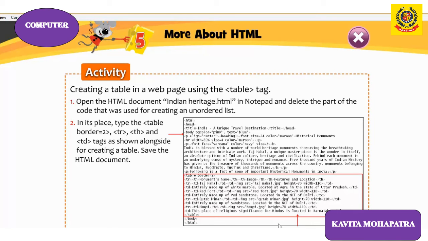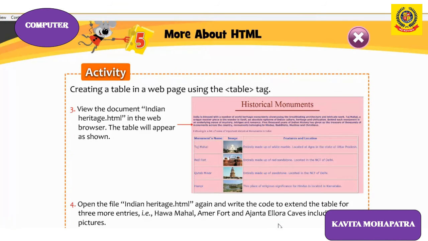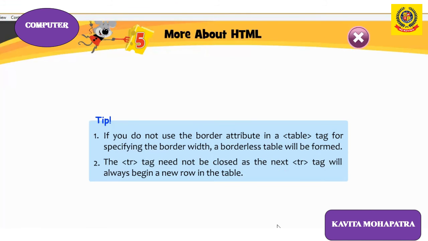You can give the monument's name, image, and features or location in th. Then you will start tr, write td, write Taj Mahal, then write the data. Then you will close the td and tr, then the third row. So view the document after creating it: save this one, view the document indiaheritage.html, and you can see the output.